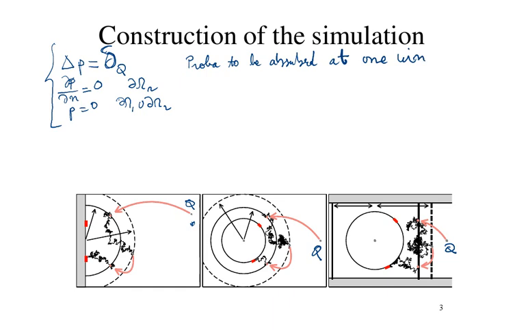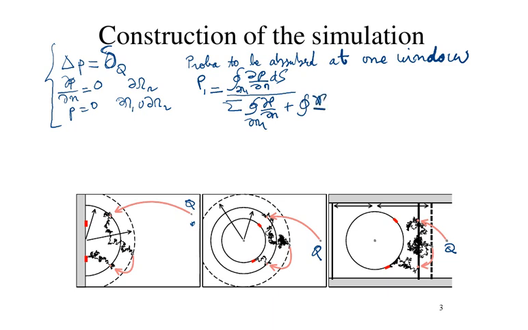If we have, for example, 2, but if you have n, it is the same calculation. This probability P1 is equal to the flux dP/dN on window 1 divided by the sum of the fluxes on each window. So this is ds, and this is dP/dN on window 1 plus dP/dN on window 2.